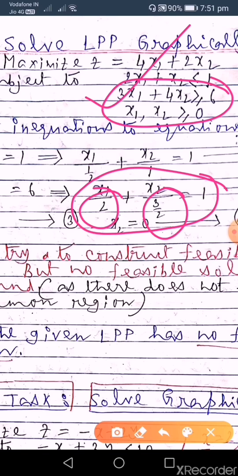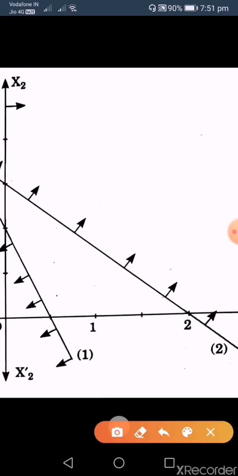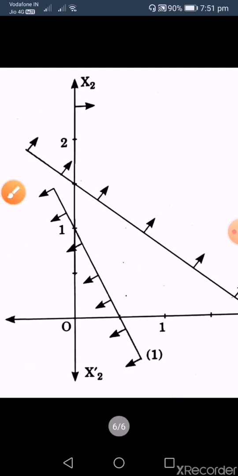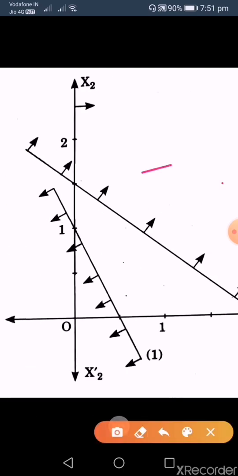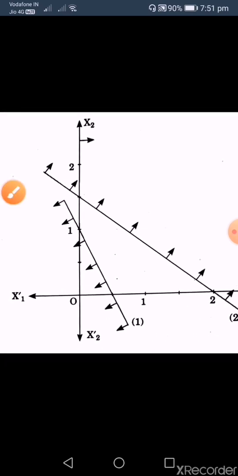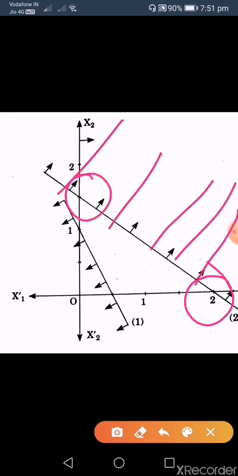So the region it will cover away from origin. So it will pass through (2, 0), (0, 3 by 2), and away from origin. Here you see, this is (2, 0), this is (0, 3 by 2), and away from origin. Away from origin means this portion.